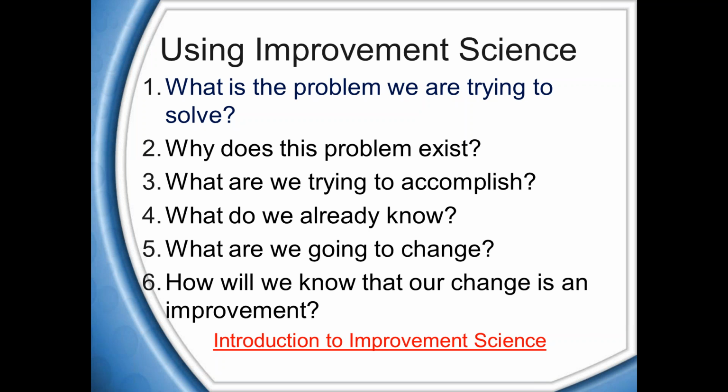It uses the 6 questions that you see listed here as a frame for the work. And we found that it's an approach that increases the sustainability of the grant work and shows districts how they can use a scientific approach to improvement.